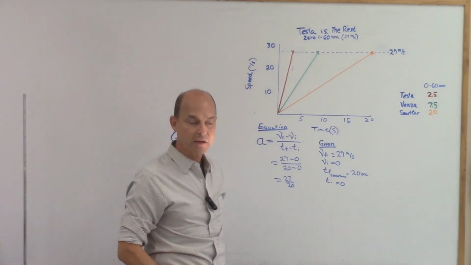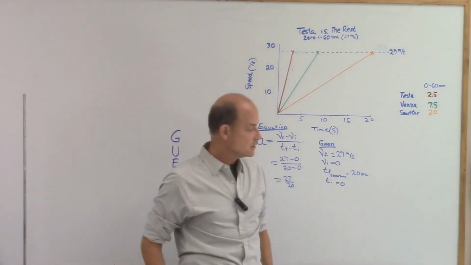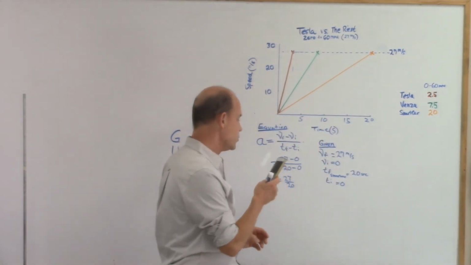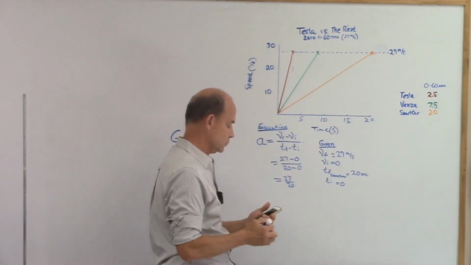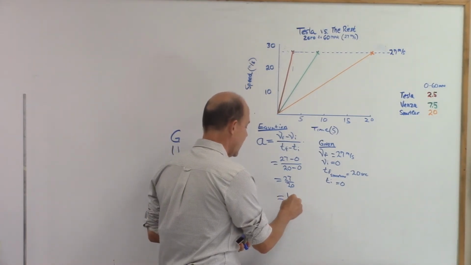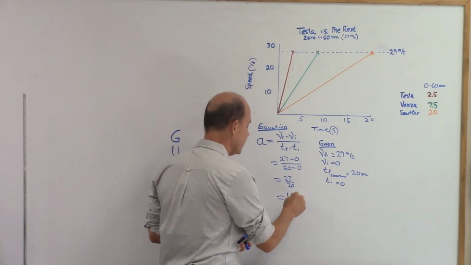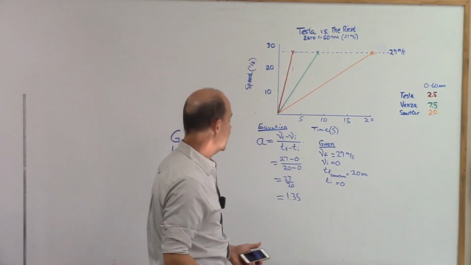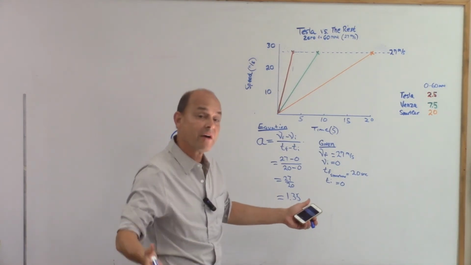And we can use a calculator for that, or you can ask Siri that. What is 27 divided by 20? It's 1.35. Okay?